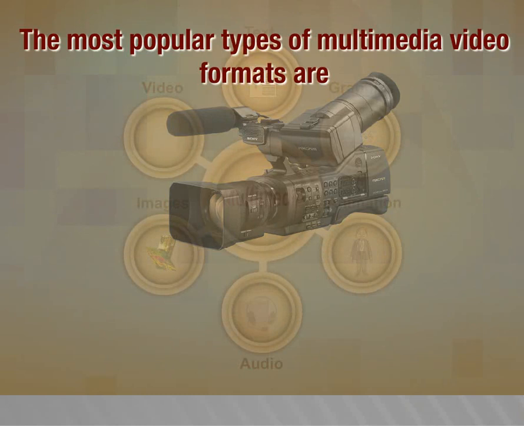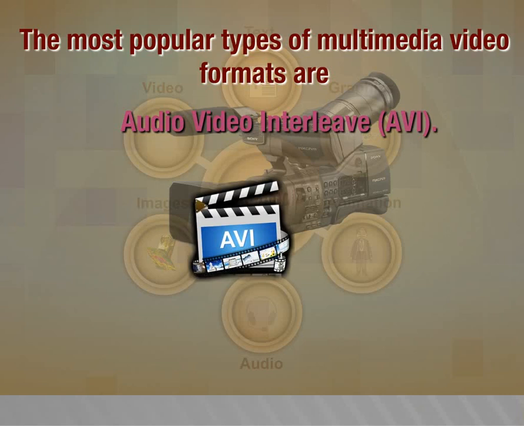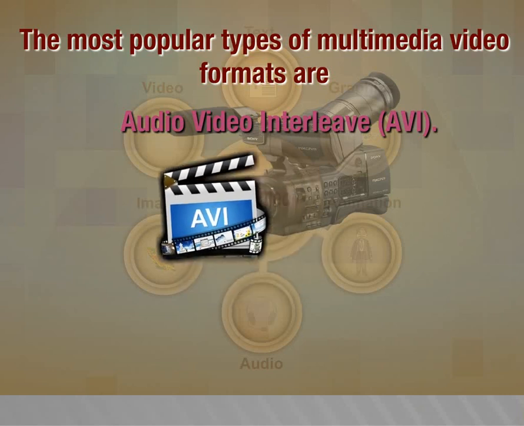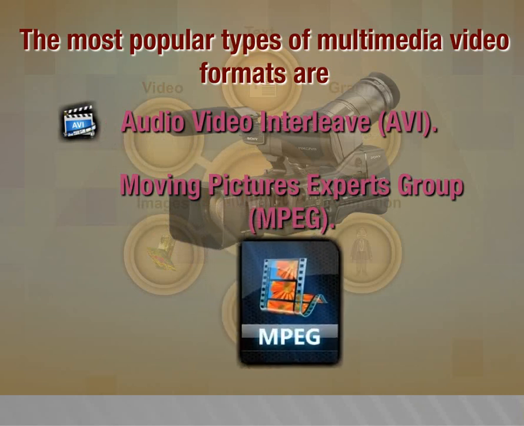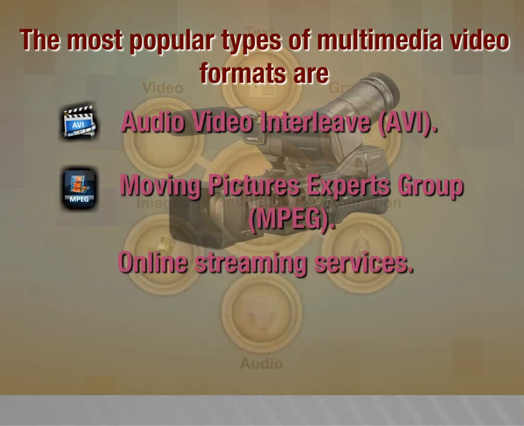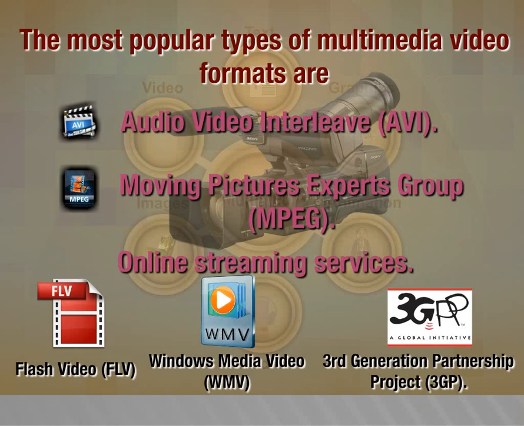The most popular types of multimedia video formats are audio-video interleave (AVI), moving pictures experts group (MPEG), online streaming services, Flash Video (FLV), Windows Media Video (WMV), and Third Generation Partnership Project (3GP).